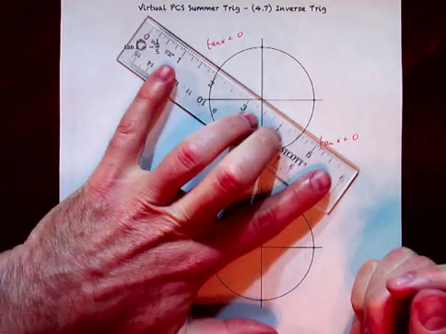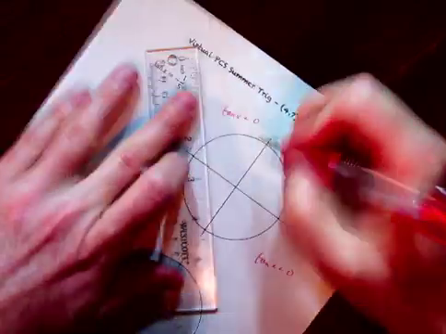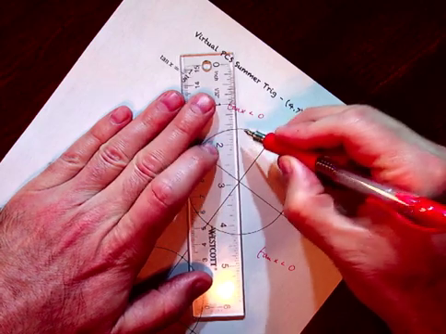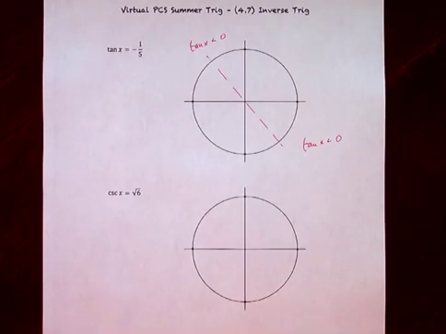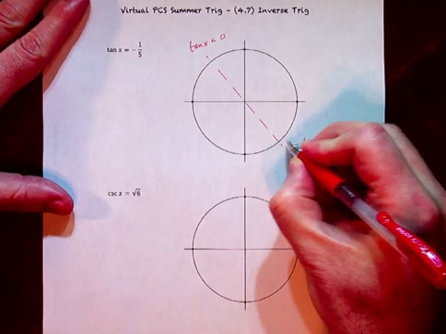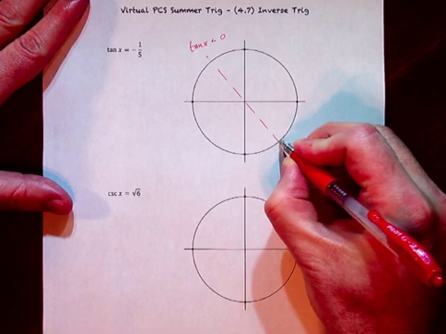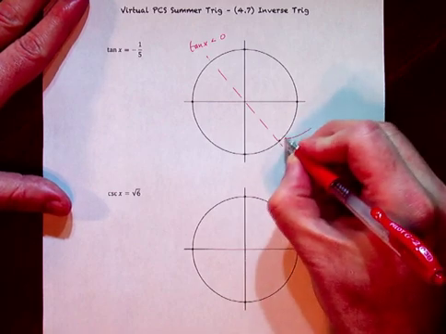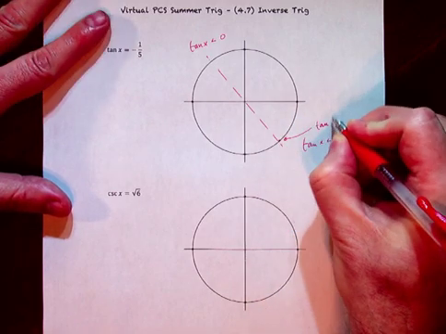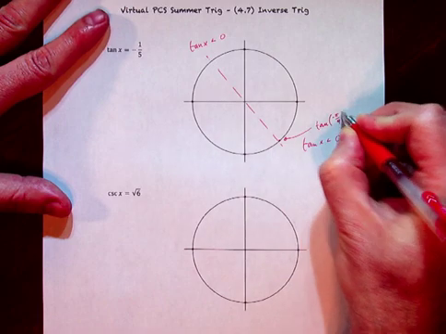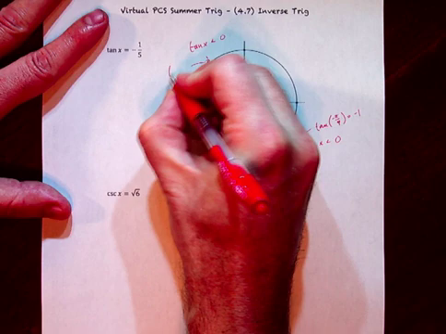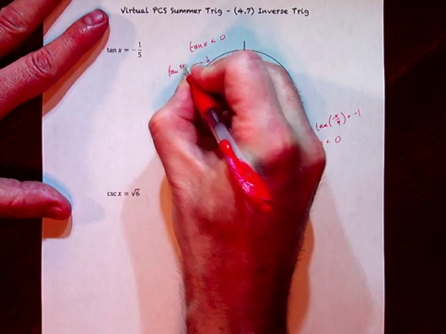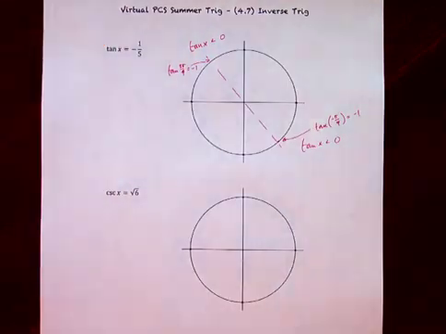Furthermore, let me tilt this real quick so I can at least get it close to where the reference angle is pi over 4. I know that here tangent is going to have a negative 1, right? So here, tangent of negative pi over 4 is equal to negative 1. And here, tangent of 3 pi over 4 is negative 1.